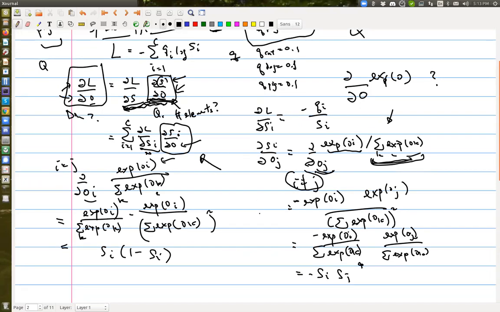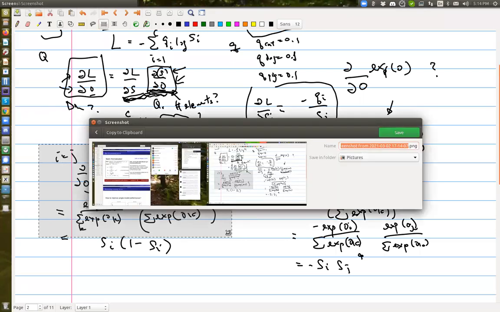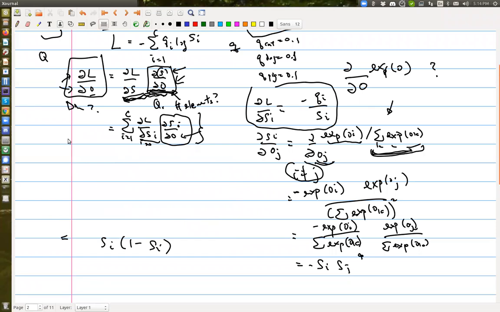Partial L partial SI is here. I'm sorry about that. I should go back to this equation here, so maybe I erase this whole thing now.